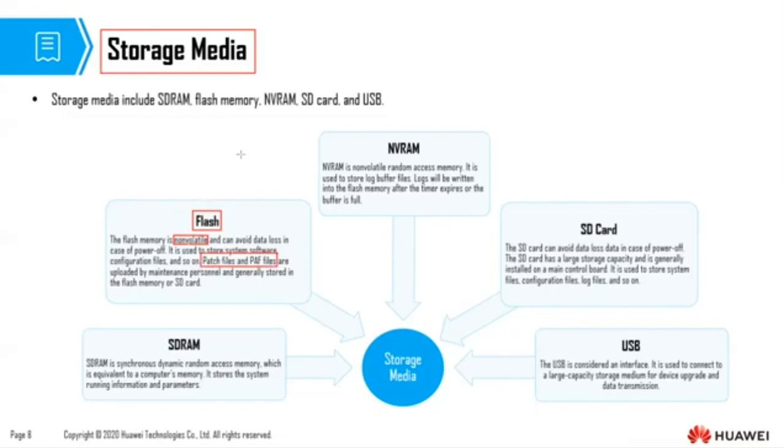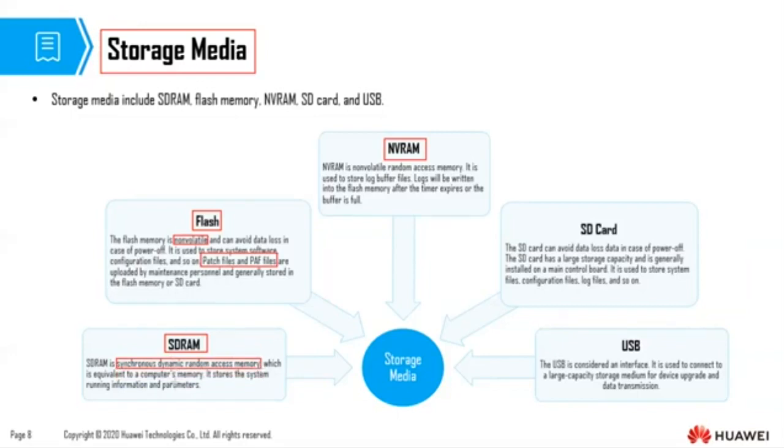Now, we have 2 types of RAMs. One of them is non-volatile, NVRAM, meaning it offers permanent storage. And we also have the SDRAM, which is synchronous dynamic random access memory.